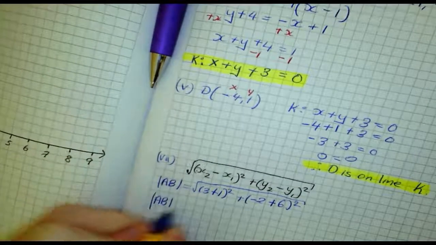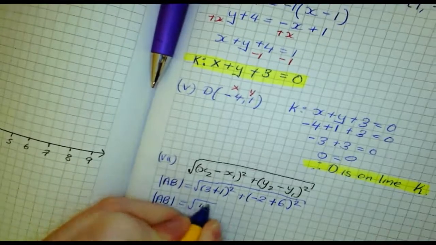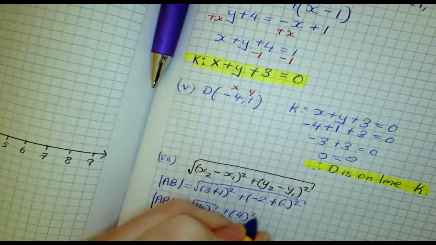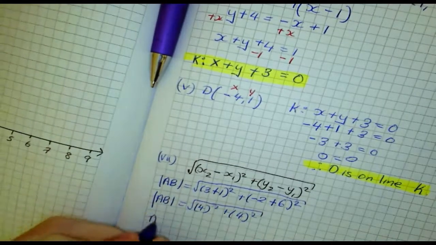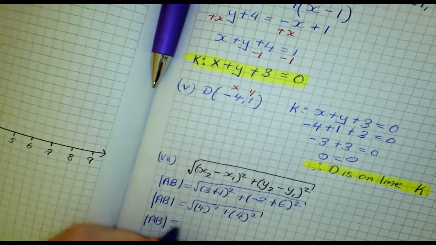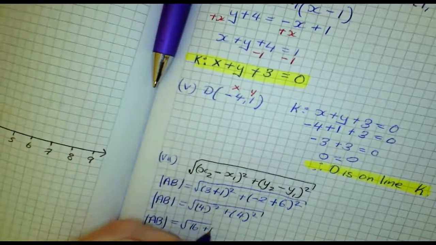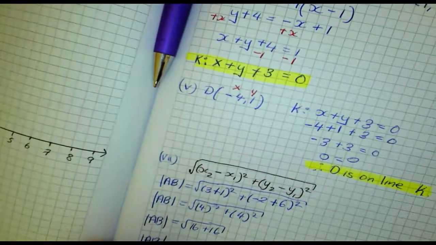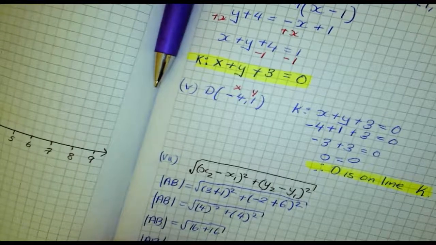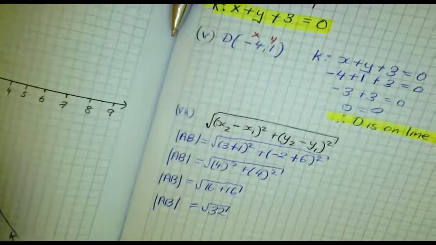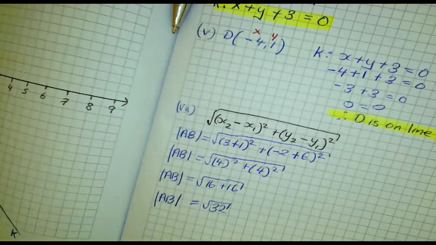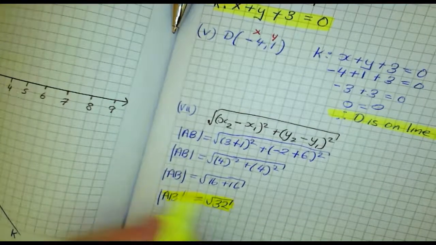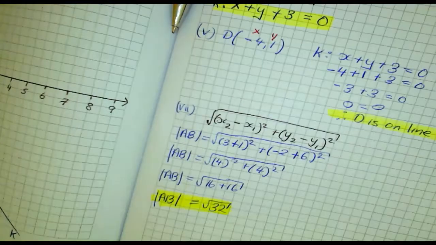AB then is equal to 3 plus 1 is 4, squared, plus -2 plus 6 is 4 to be squared. 4 squared is 16, so AB then is equal to 16 plus 16. AB is equal to the square root of 32. So again, you might need to pause the video there to go back on some of that, okay?